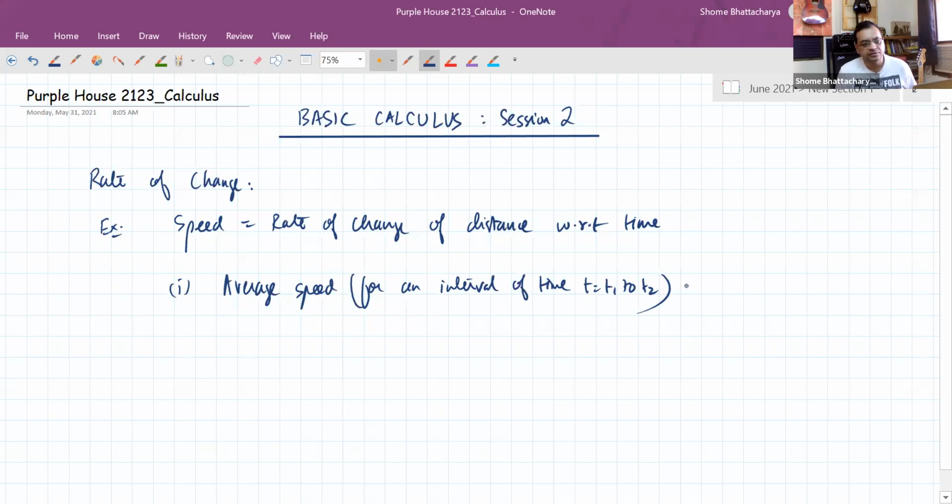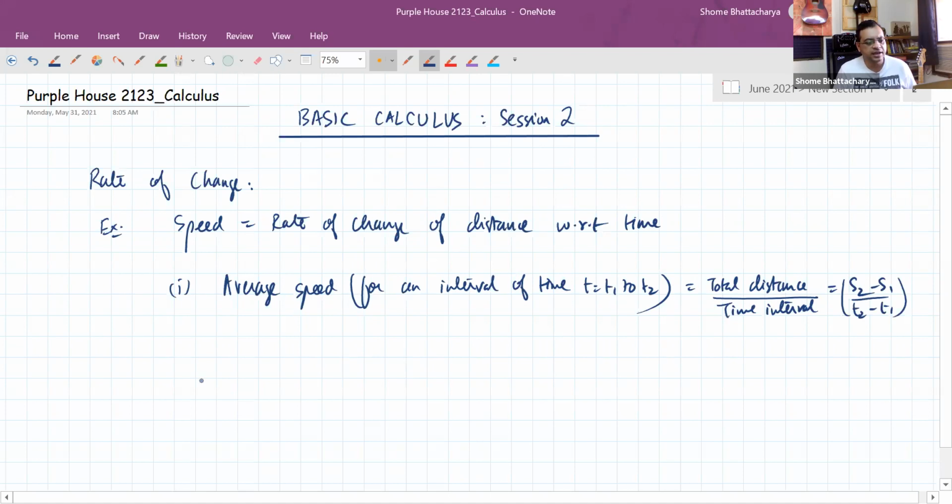So that is defined, as we saw, as the total distance divided by the time interval. So that is S2 minus S1 divided by T2 minus T1. We have done all this previously, but I'm just taking a recap of this concept.